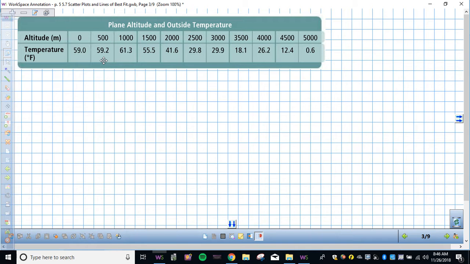You will have to reproduce this sort of activity on the test. Scatter plot, trend line, and write the equation.